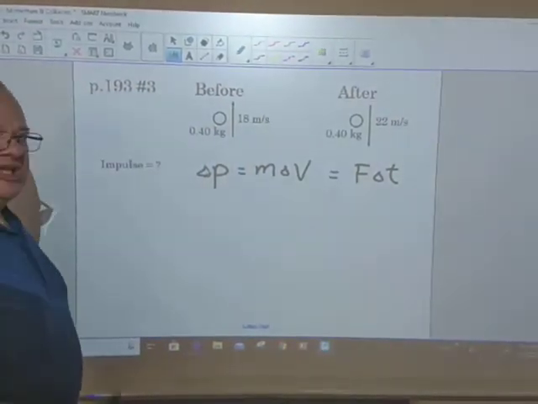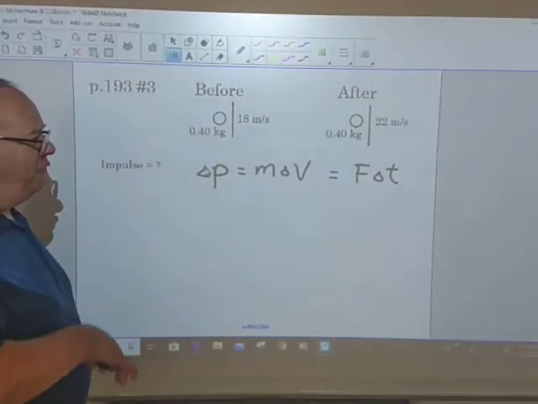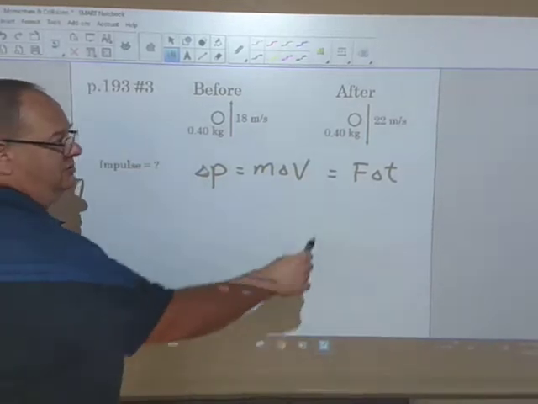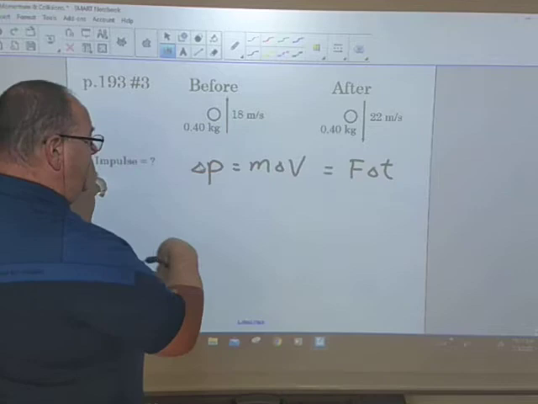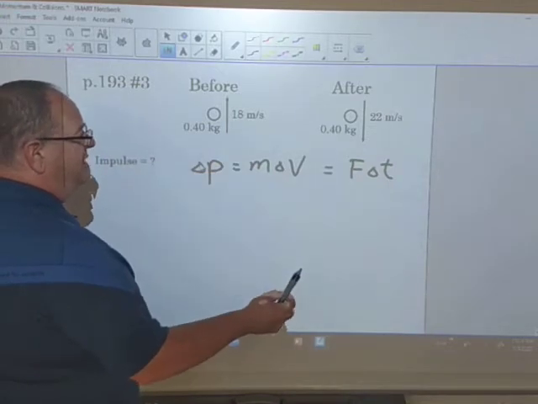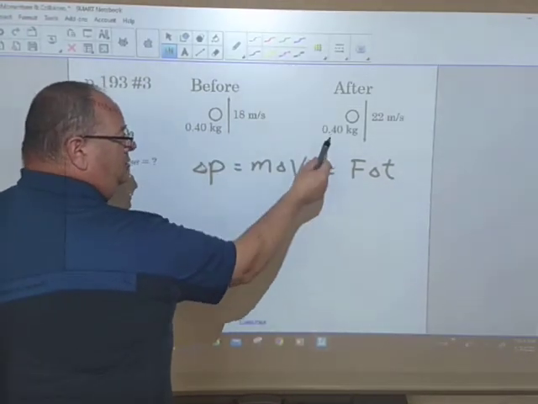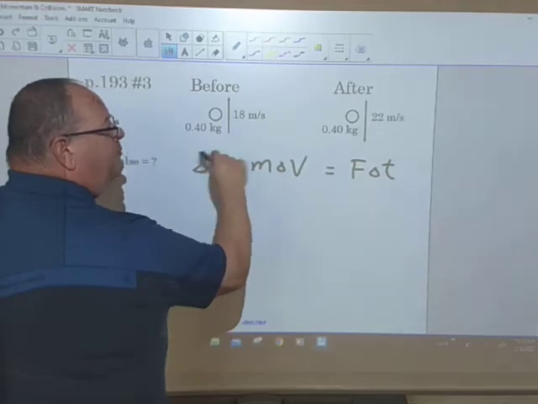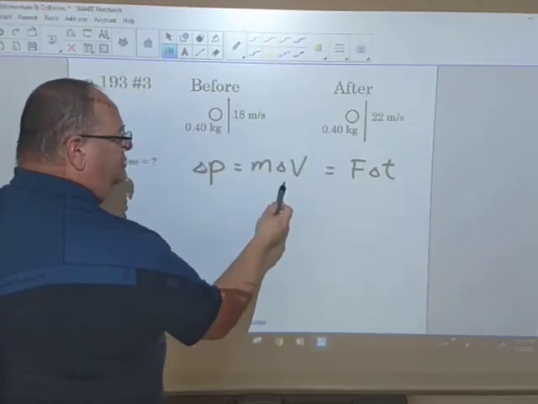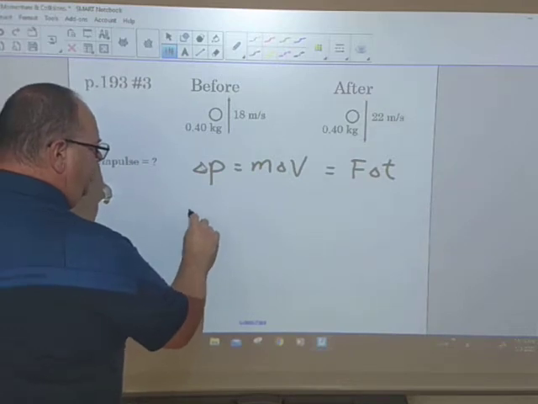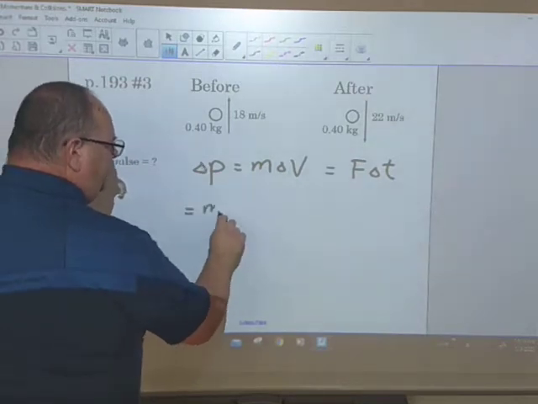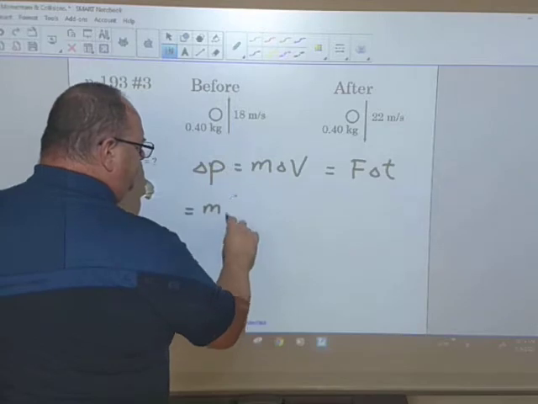But we weren't given any information on force or time, so if I don't have to get into that, I don't want to. I can look at the change in momentum. It's the same ball, so the mass didn't change, but the velocity changed. So my impulse is my mass times the change in velocity.